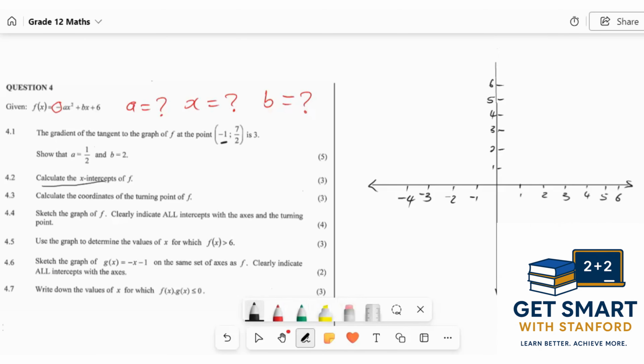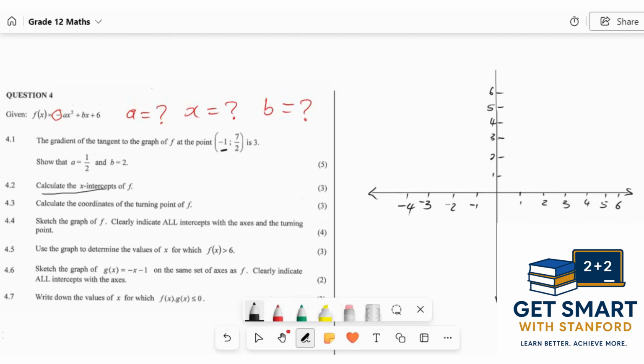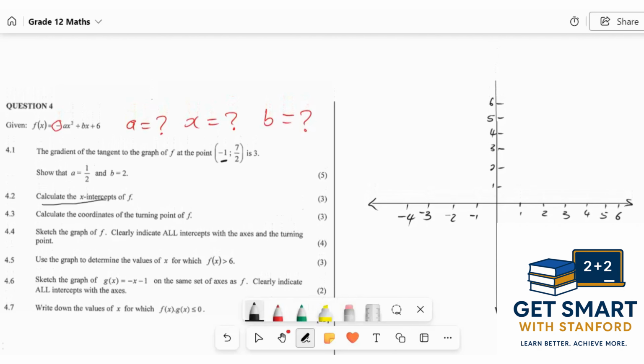This is proving that I am not very good with my drawings, and I cannot draw a straight line. Please forgive me. 7, 8. Okay, you will be using a ruler, so it will be much easier for you.